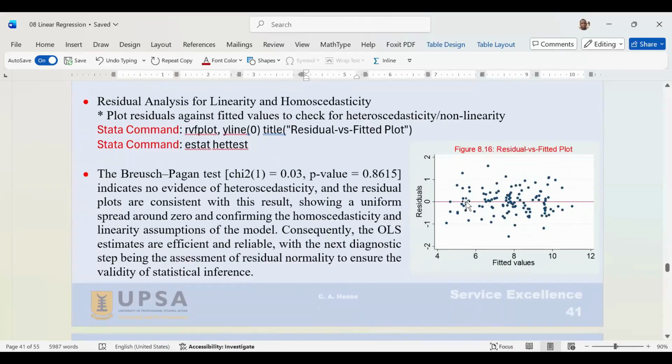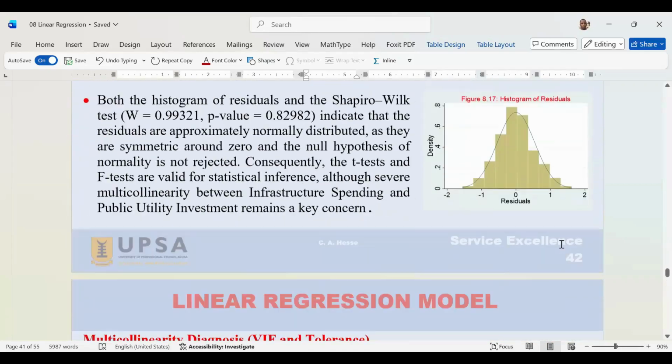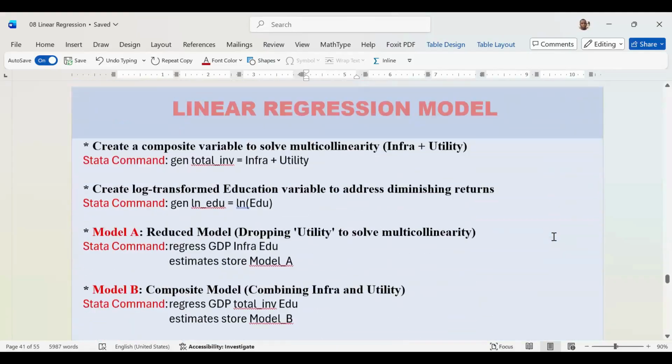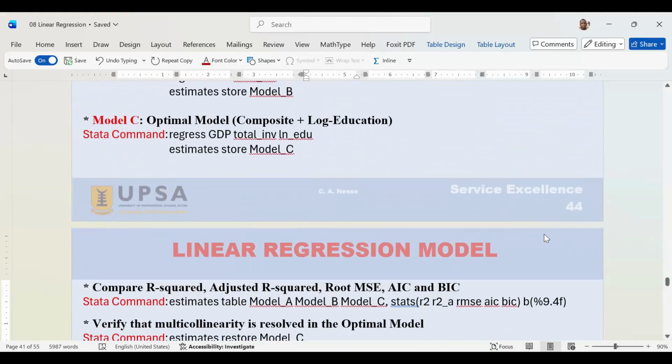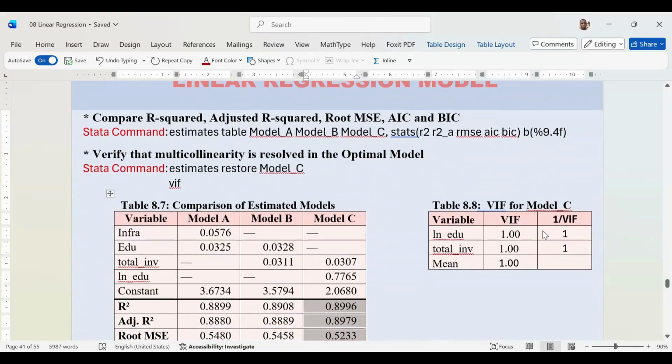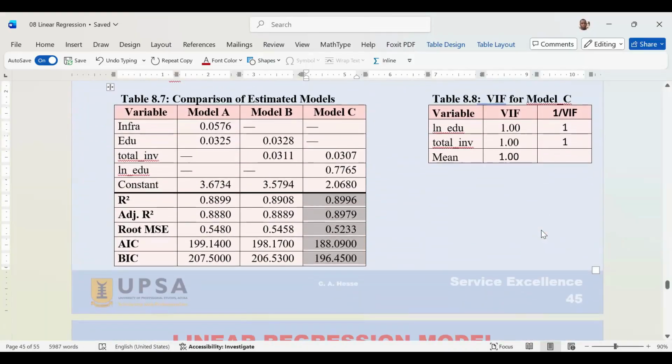Usually when this plot is a funnel shape, it's dispersing, then we say the linearity assumption has been violated. But it was not violated, so there's no reason to do a logarithm transformation of education. But here I decided to give it a try, and that gave me the optimal model. Have I answered your question?